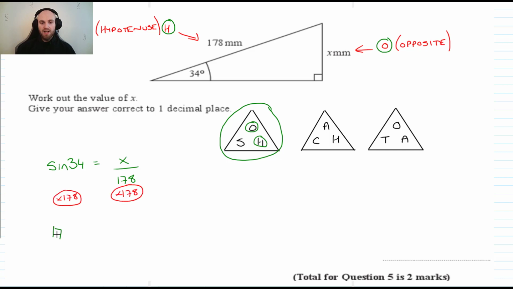And that is going to give us 178 sine 34 equals x. And if you put that in your calculator, you will get x equals 99.53633, and so on, which is going to give you x equals 99.5 to 1 decimal place.